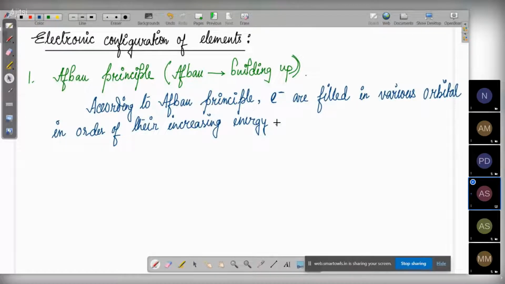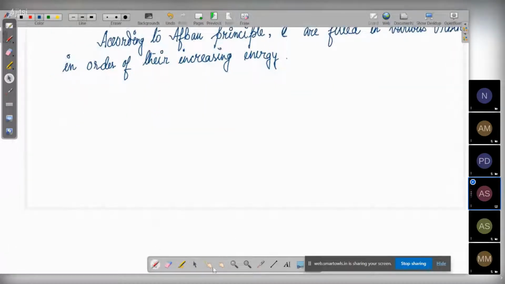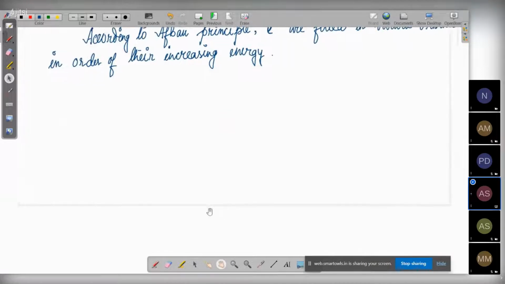So how to remember which orbital has a lower energy and which has a higher energy? It is certainly not possible to calculate so much, so we have shortcut techniques to remember which orbitals have lower energy and how it increases to higher energy orbitals. For this, we need to draw this pyramid kind of structure.